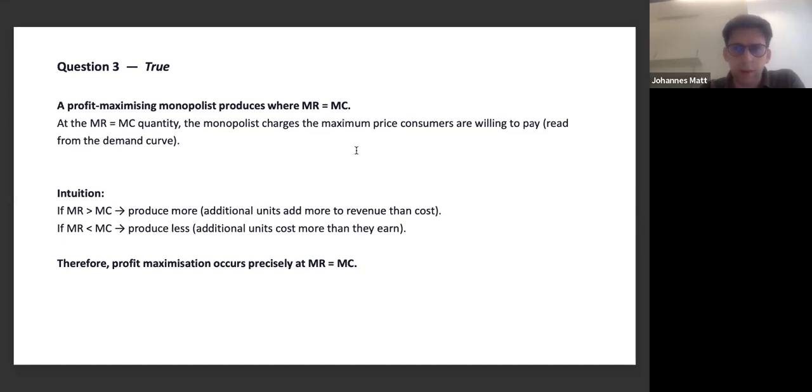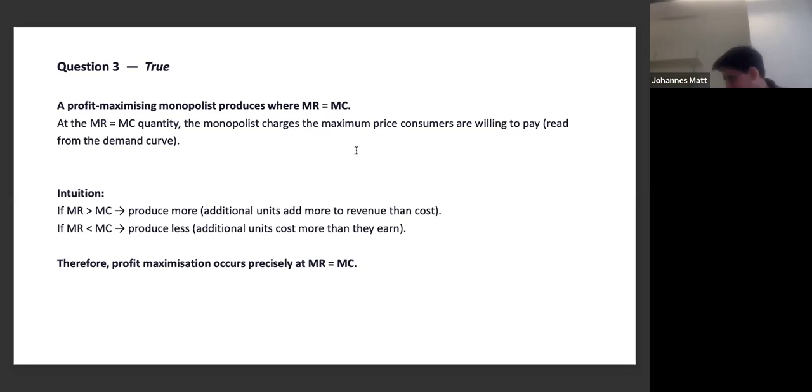In principle, there are 3 situations the monopolist could find itself in. First, marginal revenue is larger than marginal cost. That means the additional unit I'm producing and selling produces strictly positive profit, as the marginal revenue is larger than the cost of producing it. Because I'm making positive profits, I'm willing to expand my production accordingly.